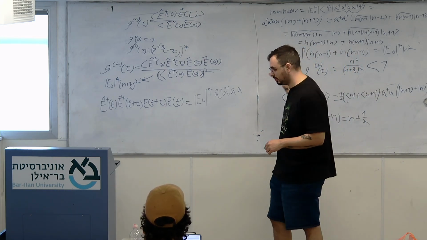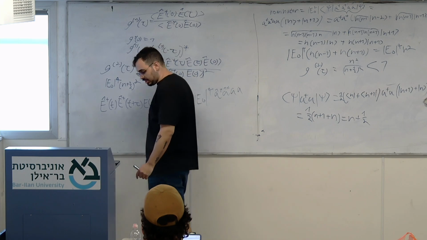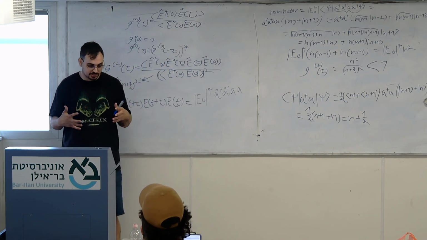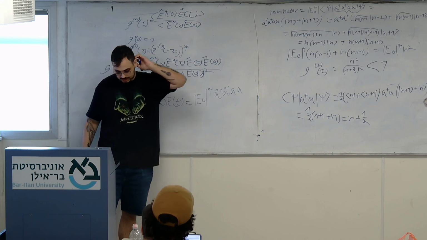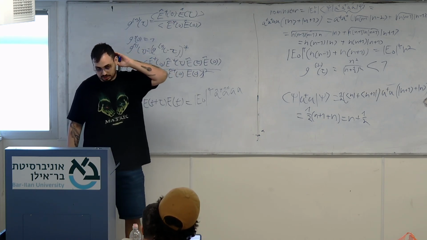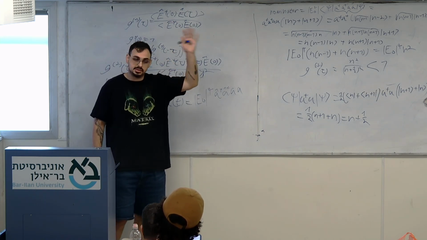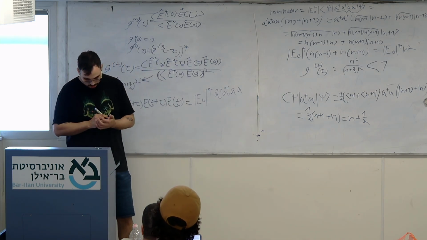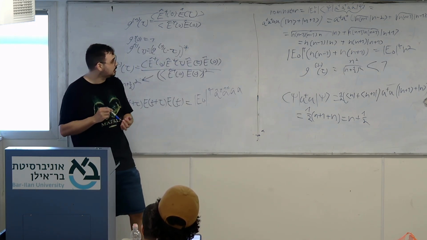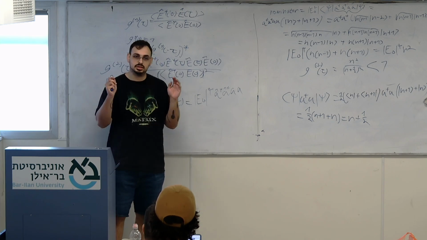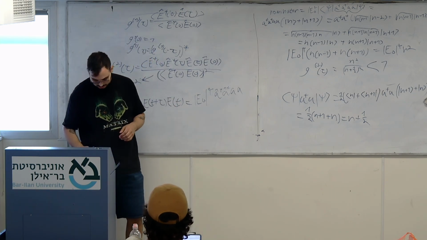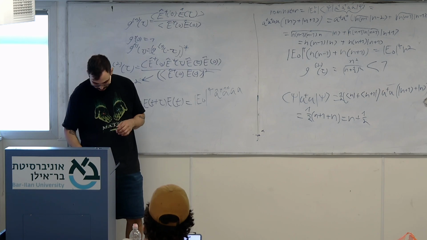It basically comes because of how I wrote my state here, which puts a constraint on our statistical space. I don't want to go too deep into it because we will go into entanglement and squeezing and all of that, and we'll see it better.